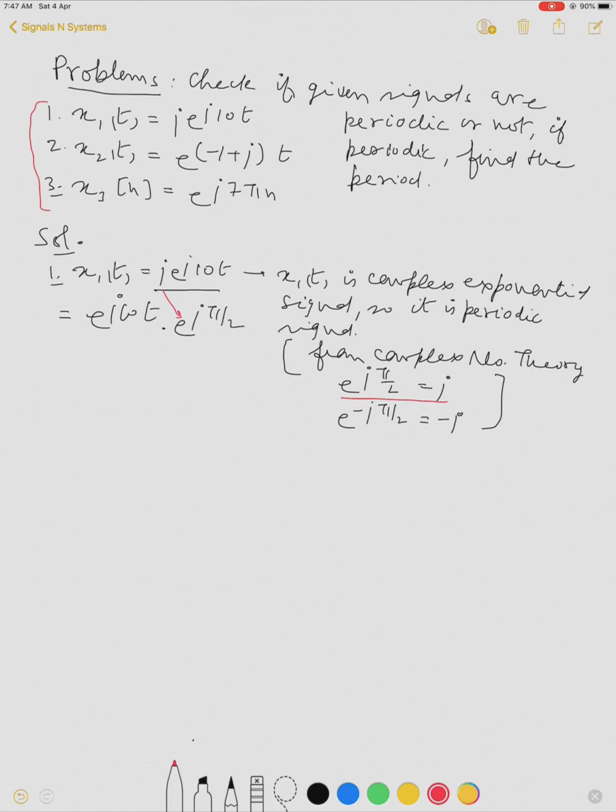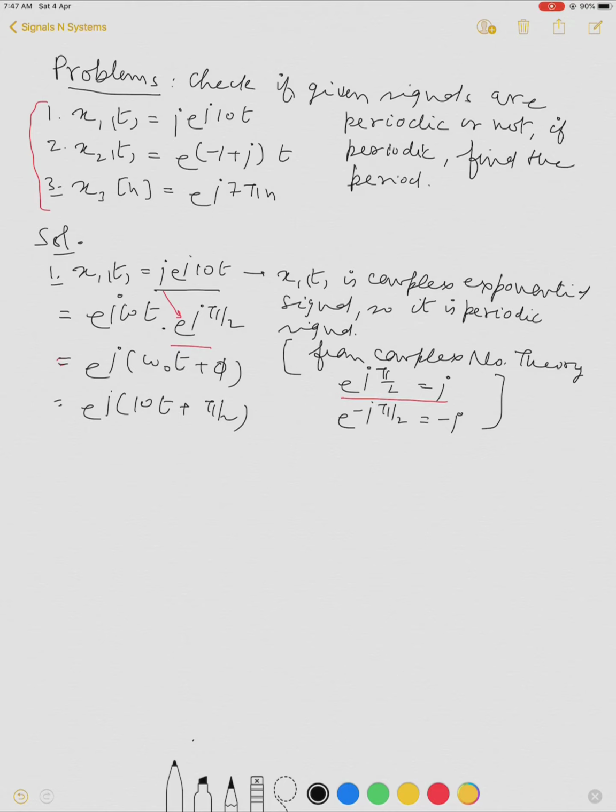The pi by 2 is a constant, so again you can write this as e raised to the power j(omega naught t plus phi). What we have done is written j in terms of some phi, because we have to include this j. So here omega naught t is 10t, and phi is pi by 2.